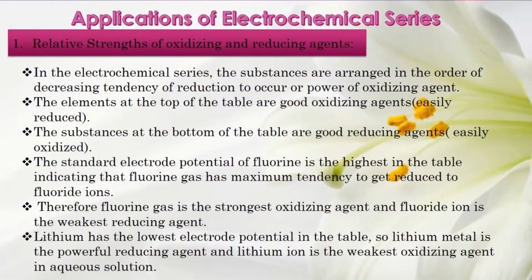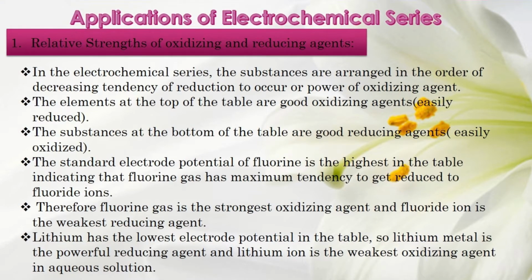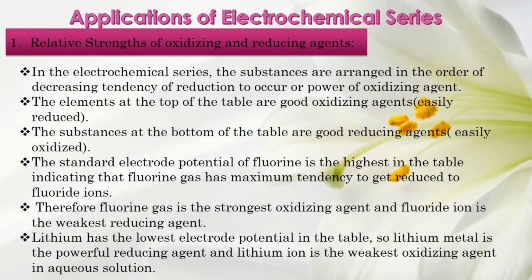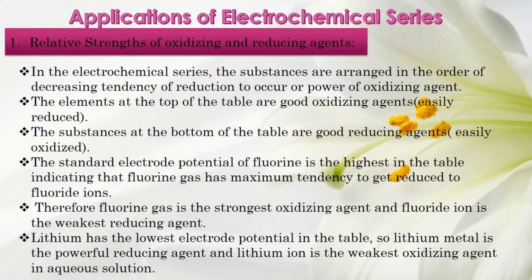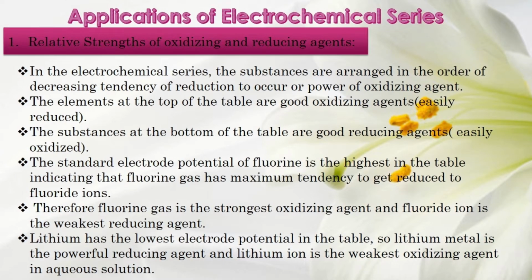Now let's discuss the main applications of the electrochemical series. The first important application is that it helps to find the relative strength of oxidizing and reducing agents. That is, with the help of the electrochemical series, we can predict the relative oxidizing or reducing strength of substances.